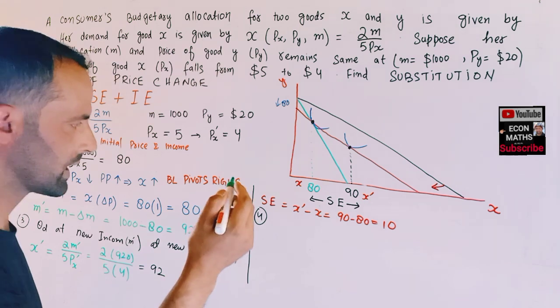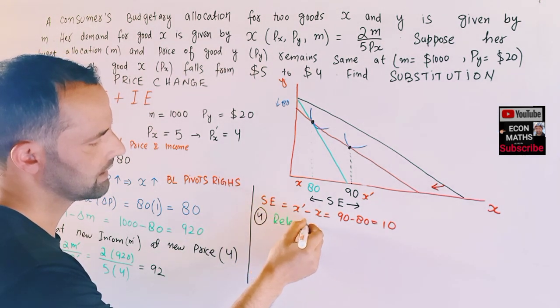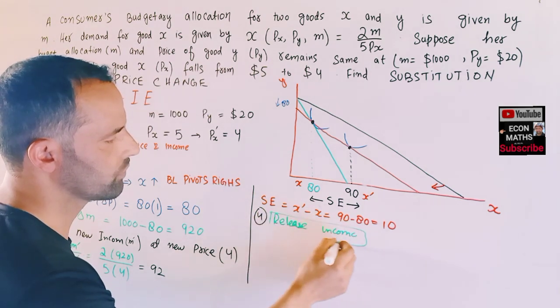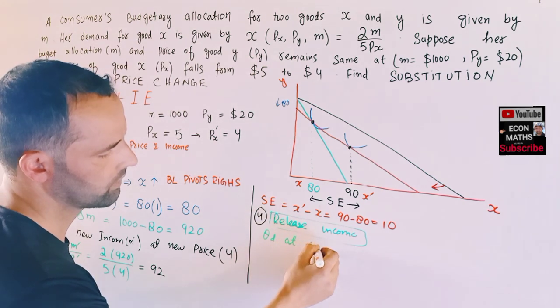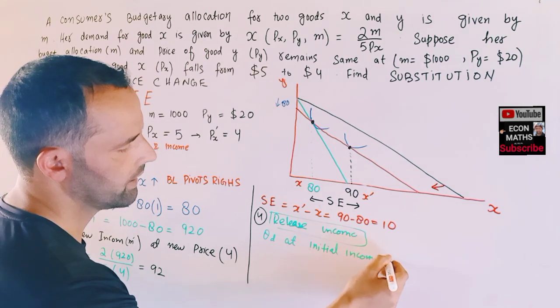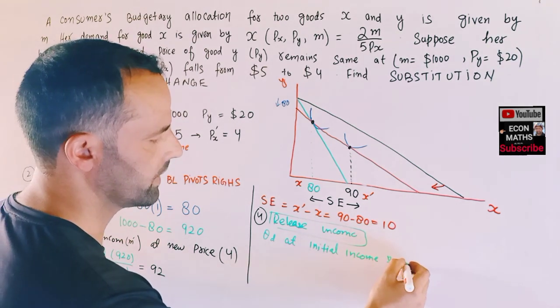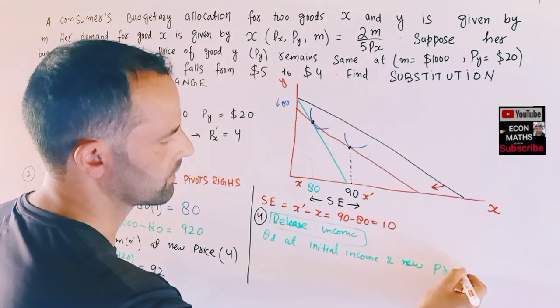So releasing income means we want to find out the quantity demanded at initial income and at new price.